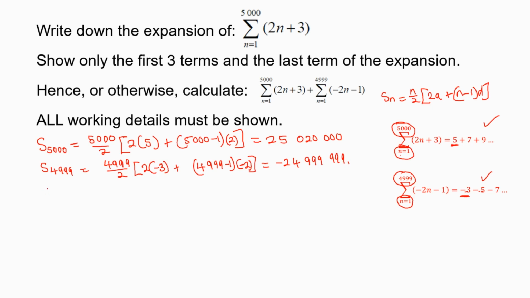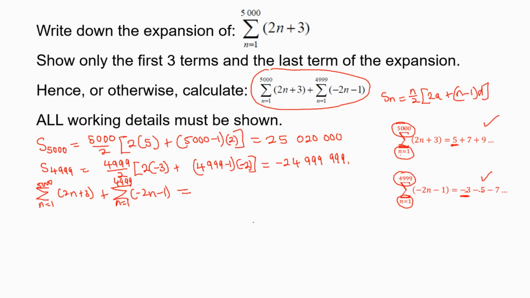Now we're supposed to evaluate this, so it's going to be the sum from n equal to 1 to 5,000 of 2n plus 3, plus the sum from n equal to 1 to 4,999 of negative 2n minus 1.